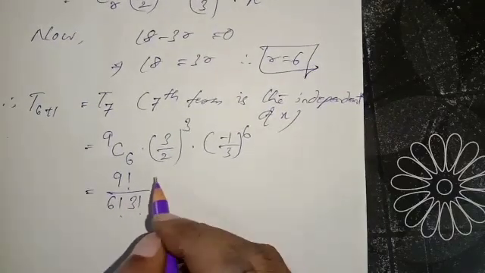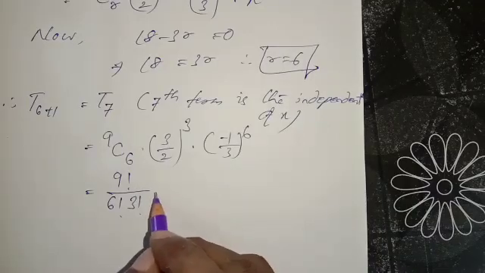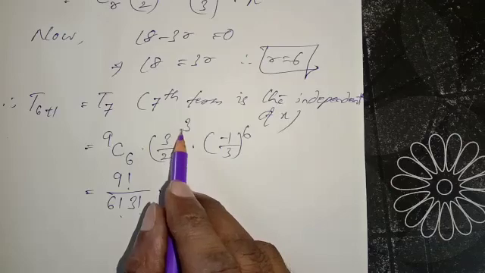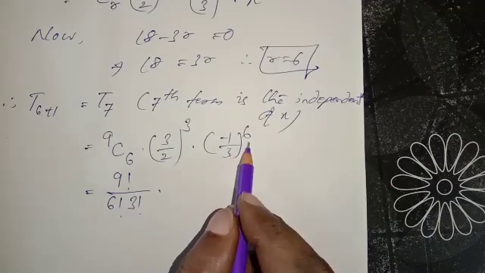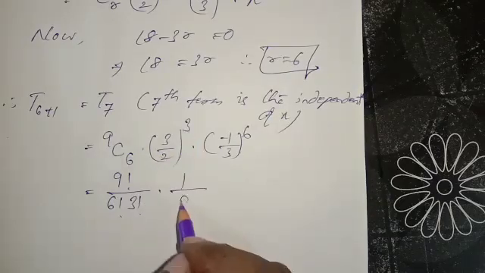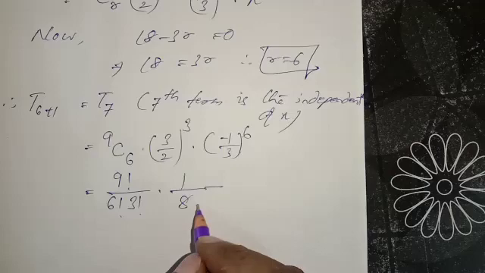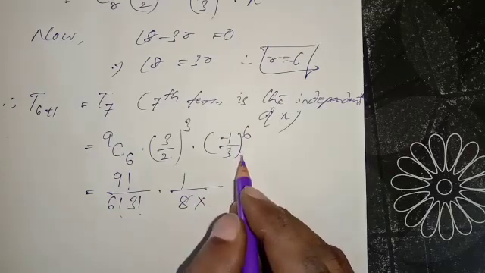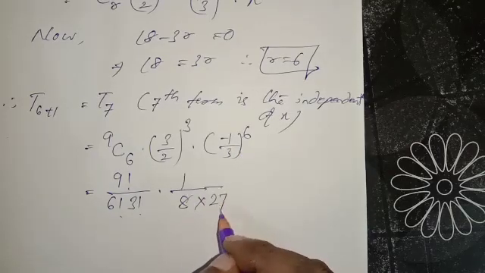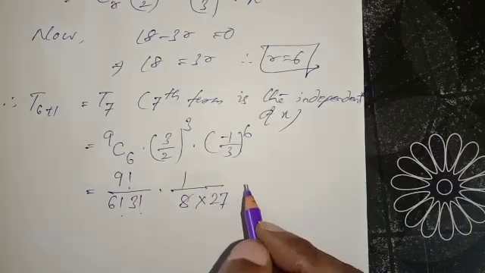Don't use a calculator, just simplify. This will be 3 to the power 3, and here 3 to the power 6, and 1 by 2 cube, that is 8. The 3s will be adjusted, leaving 3 cube, that is 27, and this will be positive since the power is an even number.